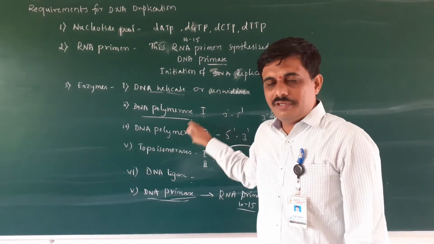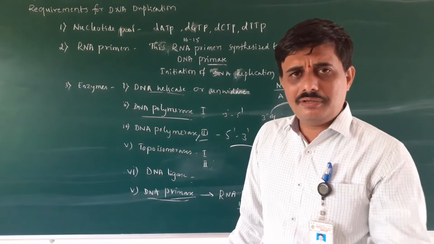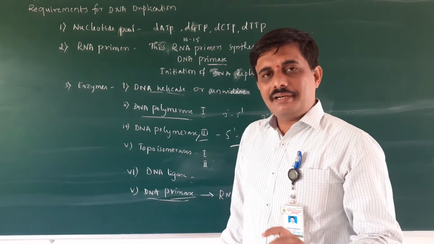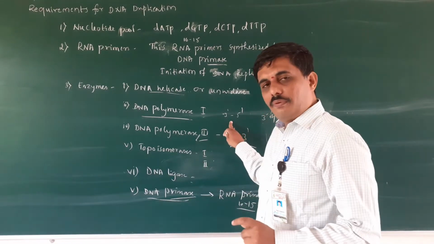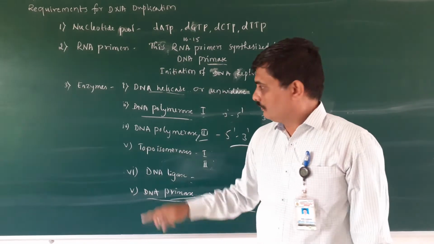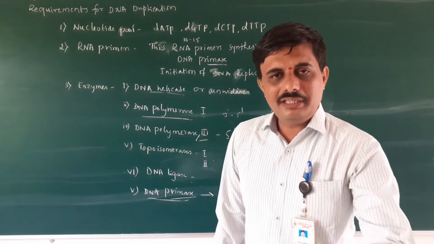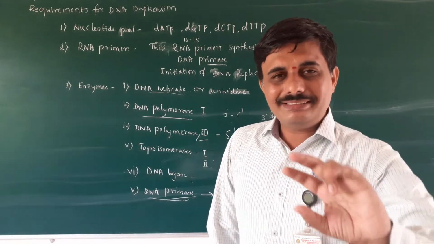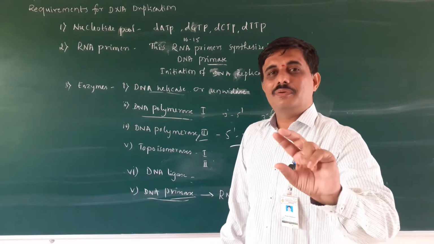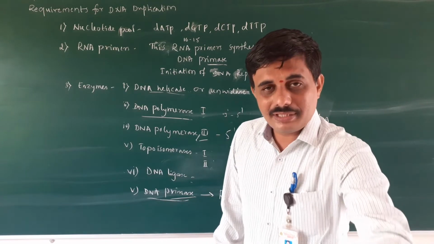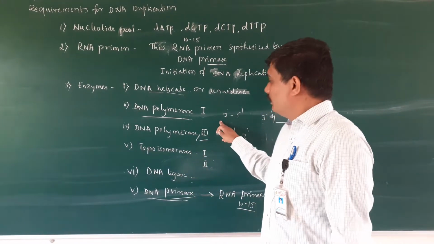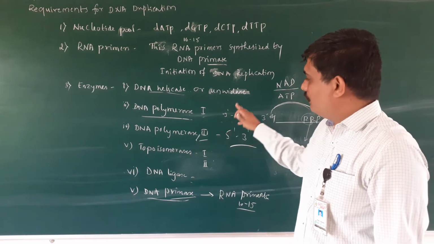DNA polymerase 1 is called the Kornberg's enzyme. This DNA polymerase 1 has two activities: the exonuclease proofreading activity, and also the polymerization activity. DNA polymerase 1 replaces the ribonucleotides with deoxyribonucleotides in the lagging strand of the DNA.